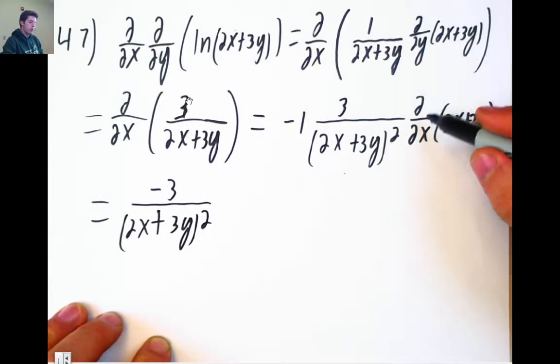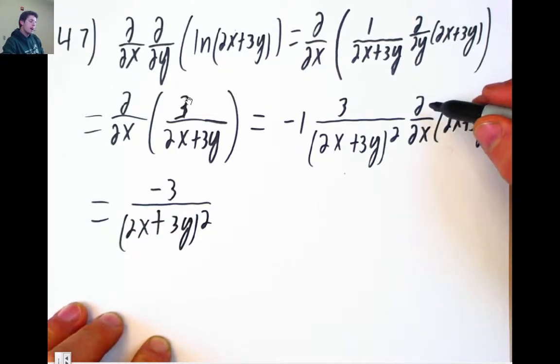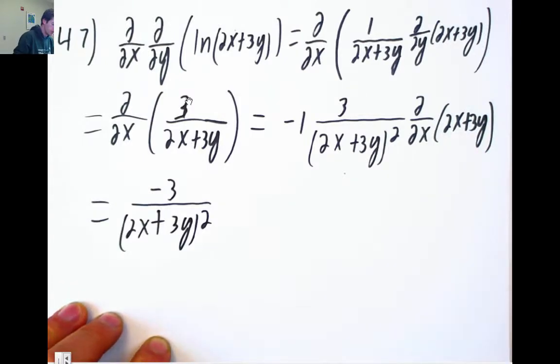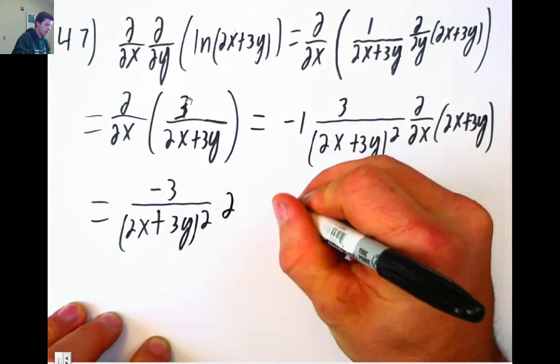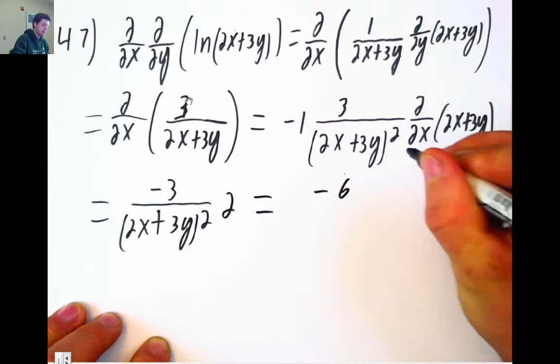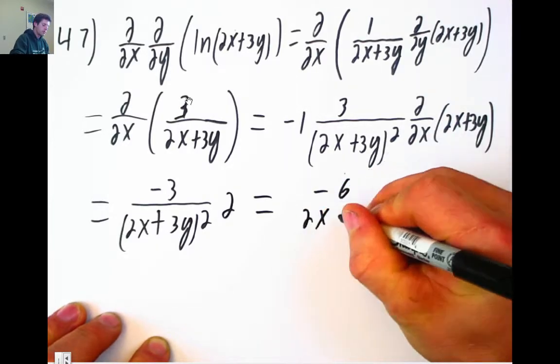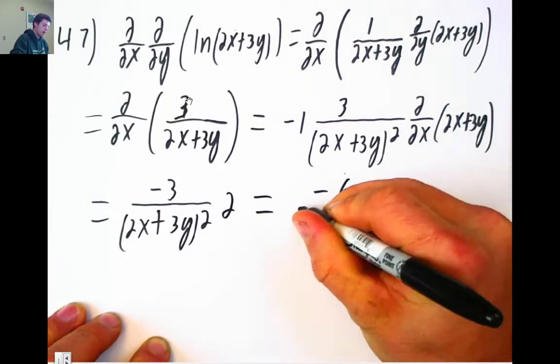I'm sorry if my partials look like 2's. I swear it's been a lifelong struggle to get them to look different. The derivative with respect to x of 2x is simply 2, and the derivative with respect to x of 3y is 0. So I need another factor of 2. Or simplifying, negative 6 over 2x plus 3y squared.